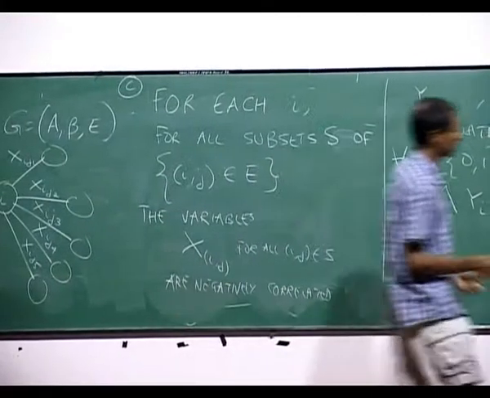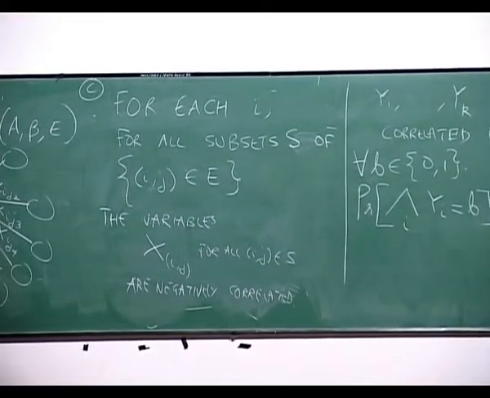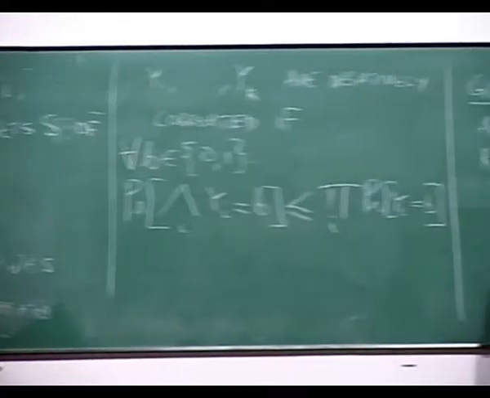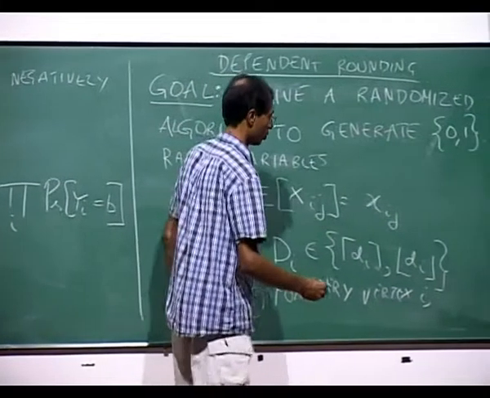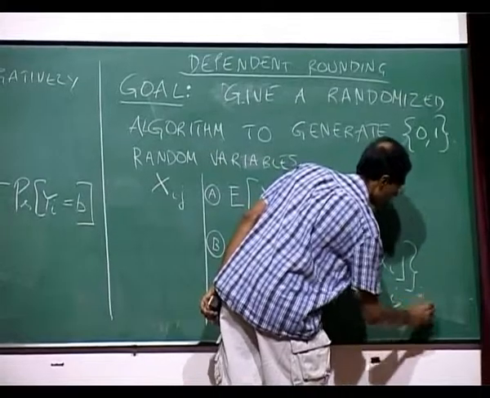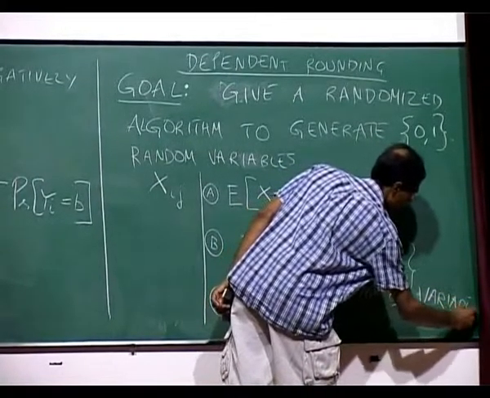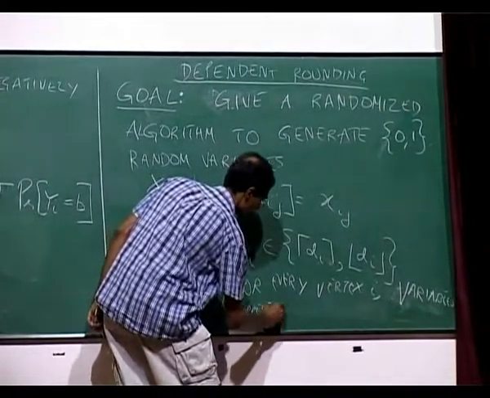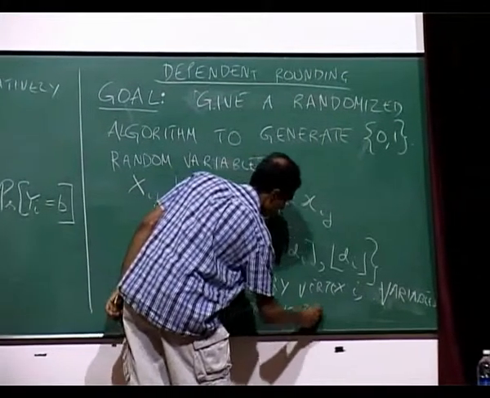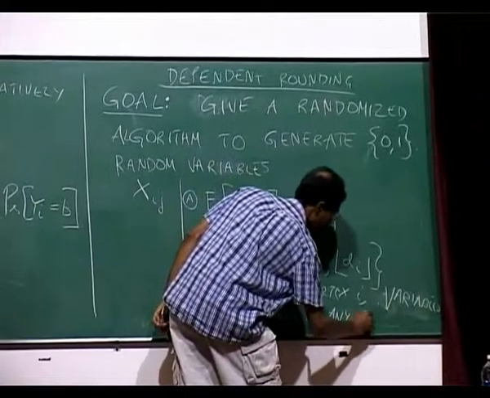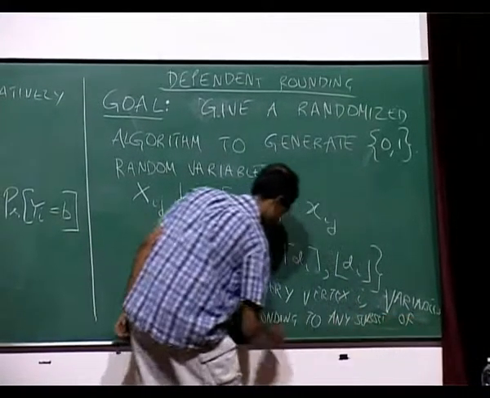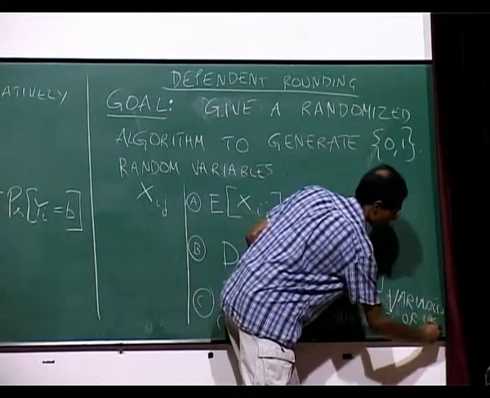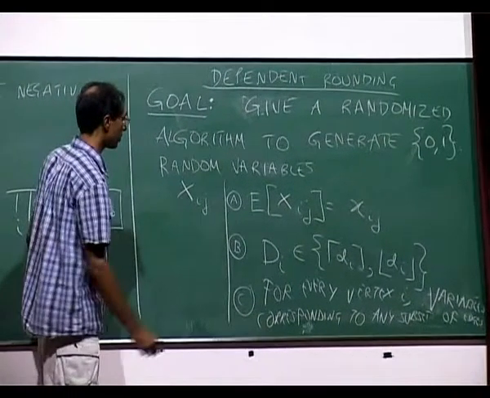Let me just state that again. For every vertex i, the variables corresponding to any subset of its adjacent edges should be negatively correlated.